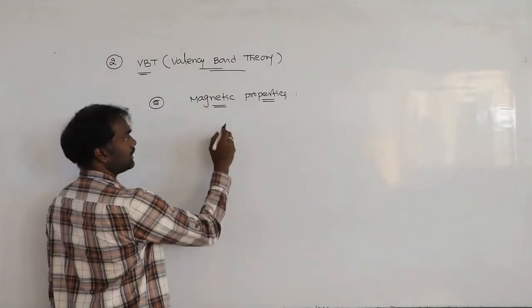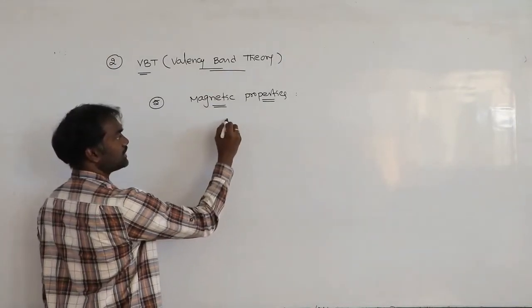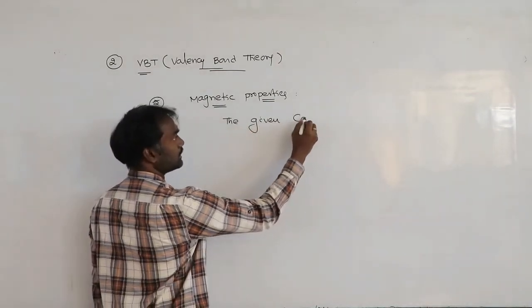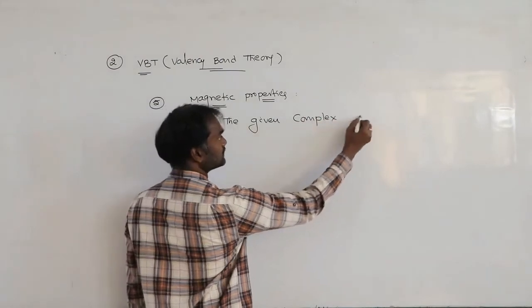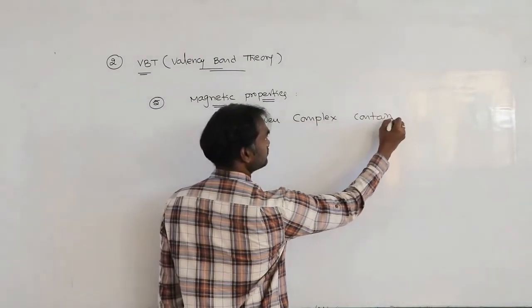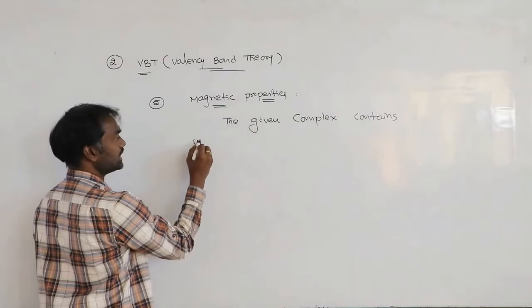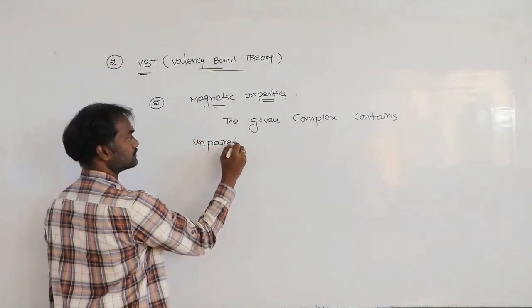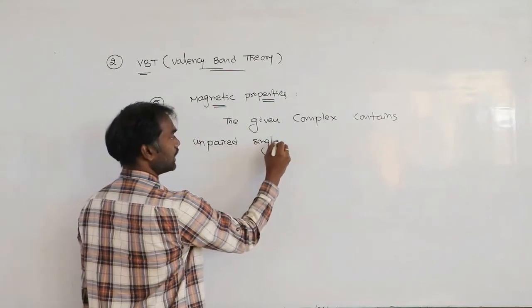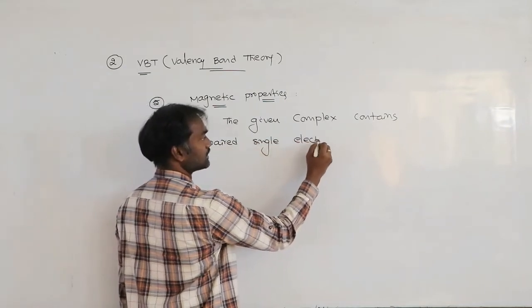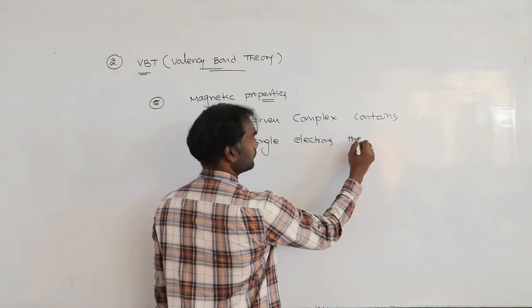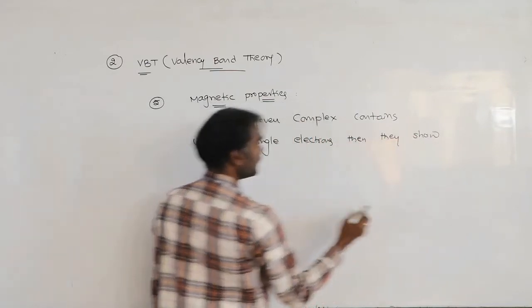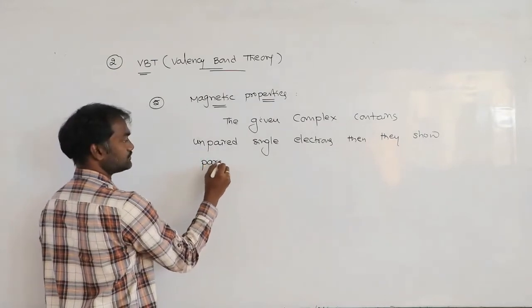Here, suppose the given complex contains unpaired single electrons, then they show paramagnetic nature.